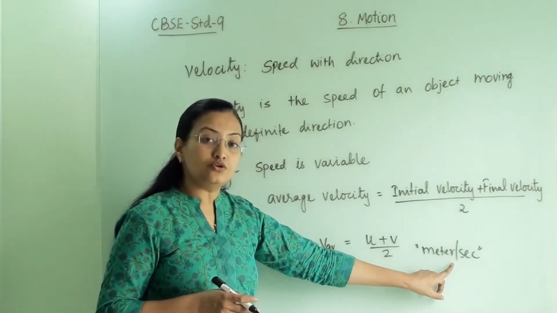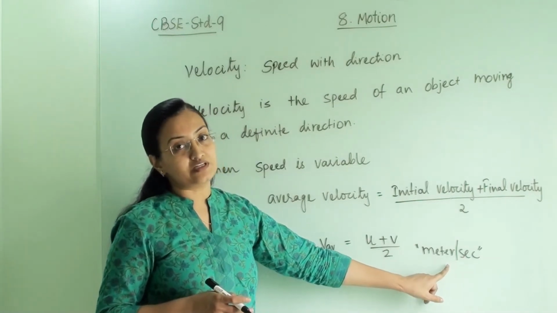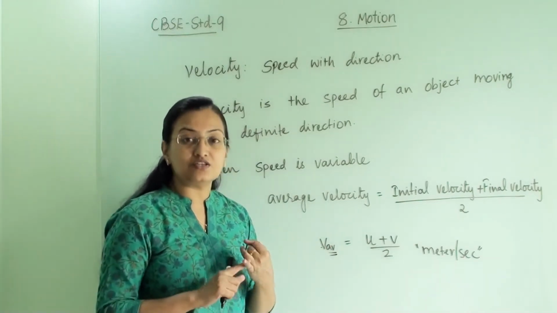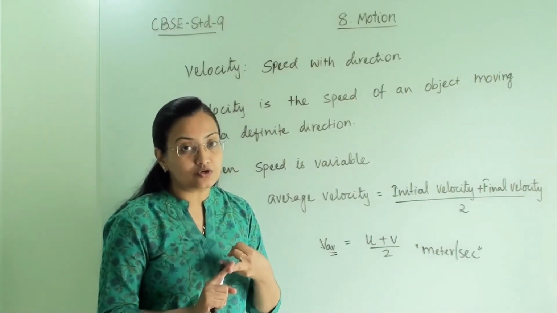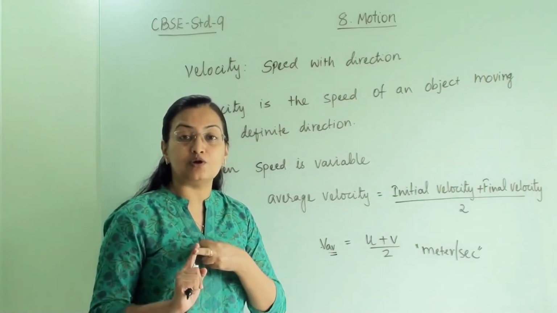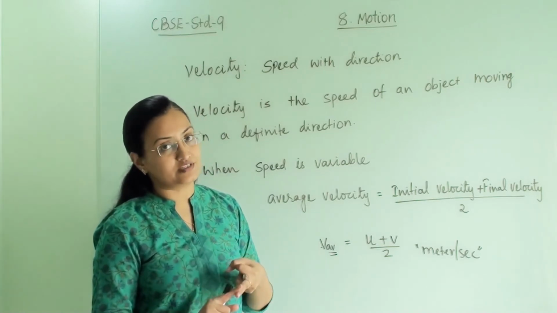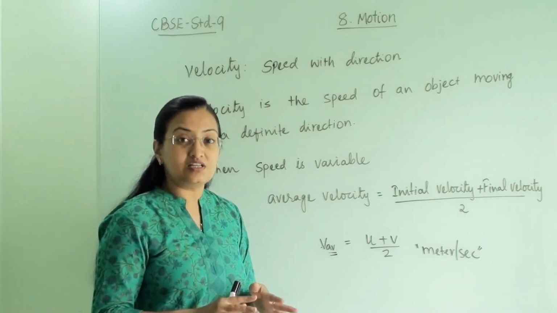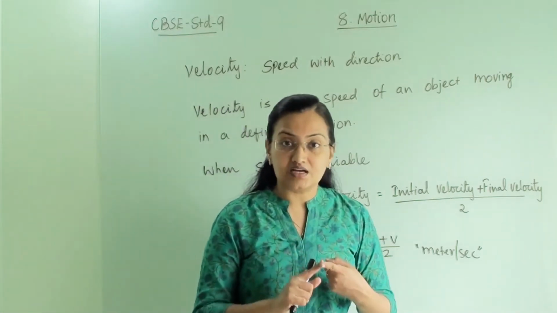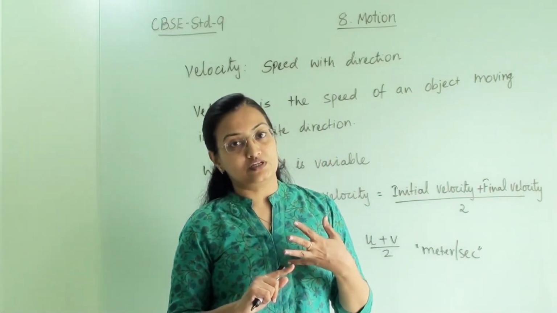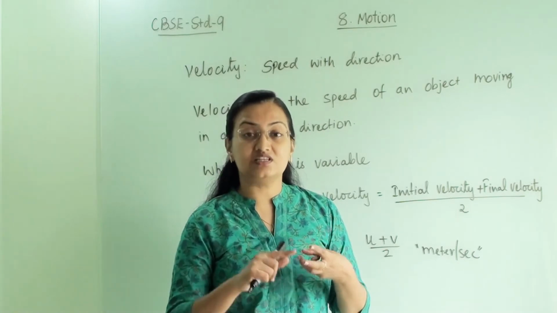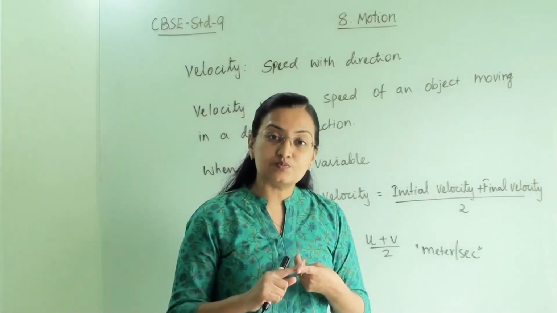Now what will be the unit of velocity? It is meter per second. Speed's unit is also meter per second, velocity's unit is also meter per second, and average velocity's unit is also meter per second. So till now we have seen speed, velocity, and average velocity. What is speed?